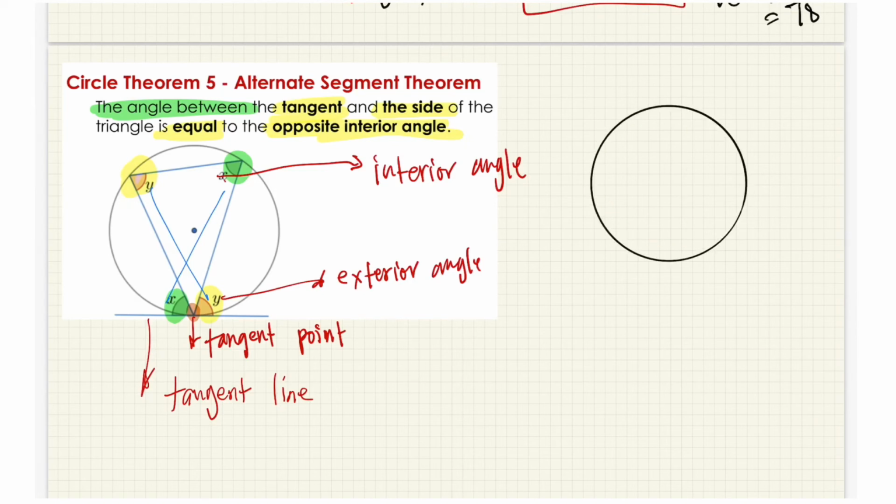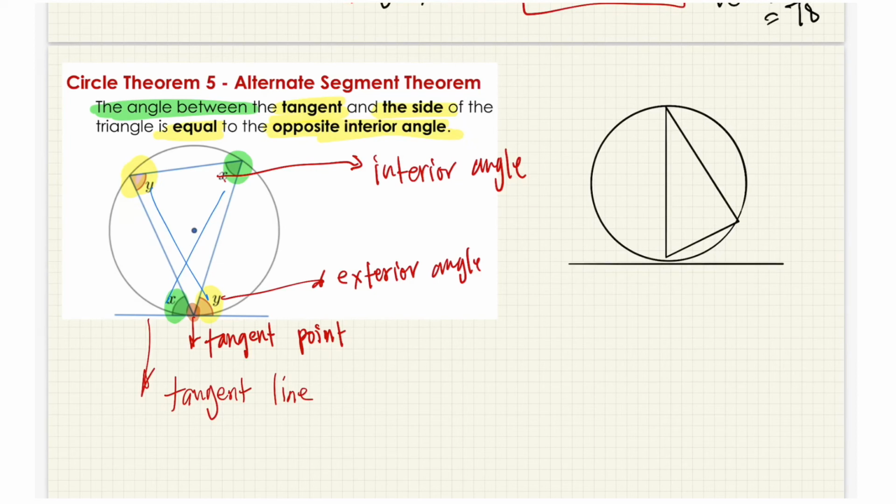Alright, let's have a circle here, and we have one triangle here. We have another tangent line that passes through here.